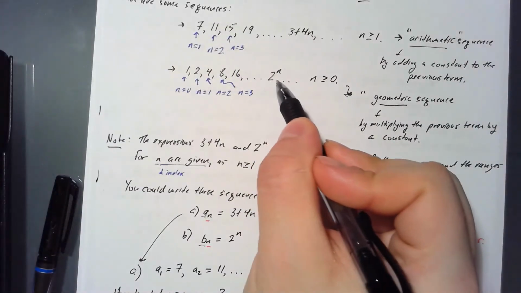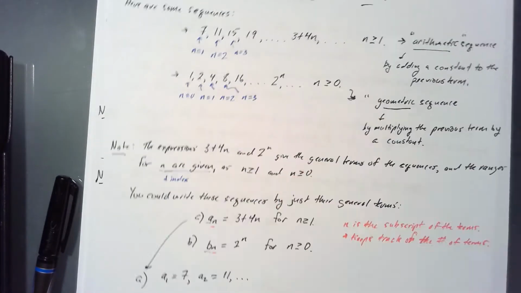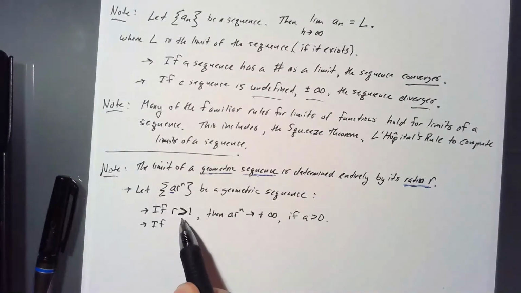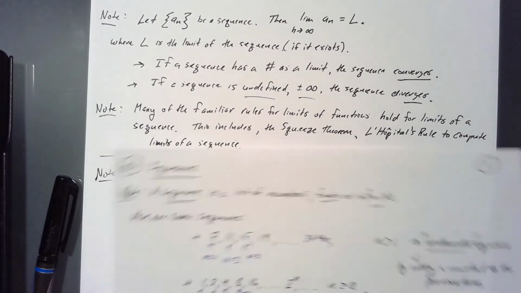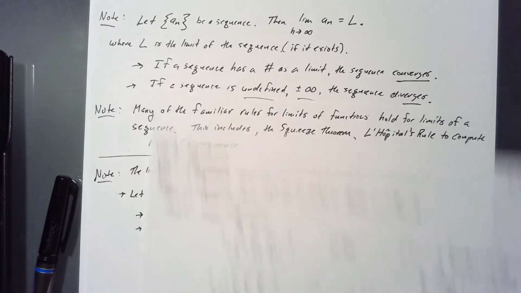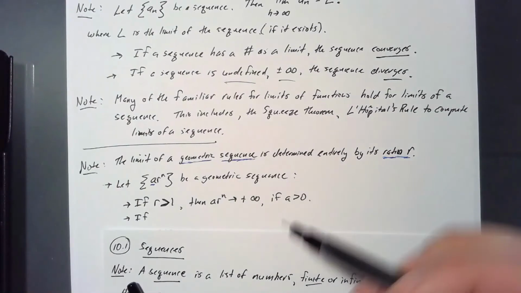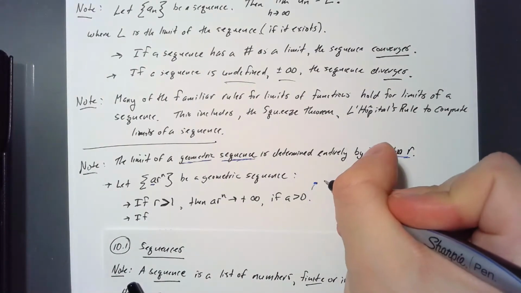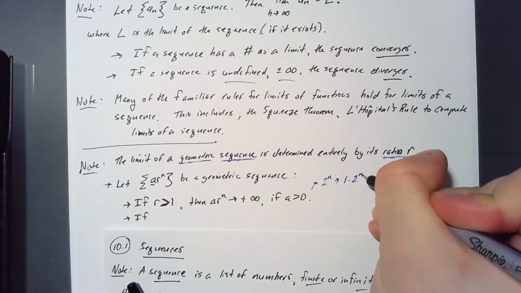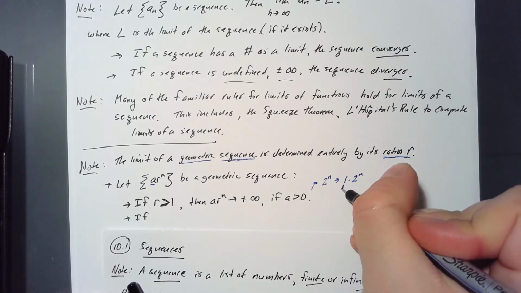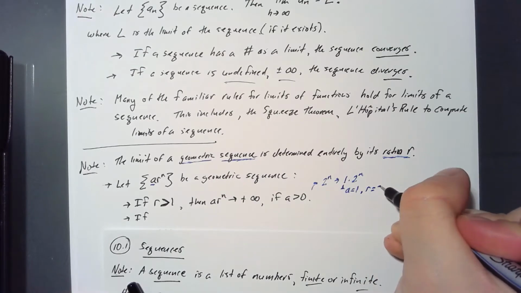This right here, like I said earlier, in this case, r is going to be 2, right? Well, 2 is certainly greater than 1. Let me just jot it down here for reference. 2 to the n is the same thing as saying 1 times 2 to the n, so in this case, a would be 1 and r would be 2.